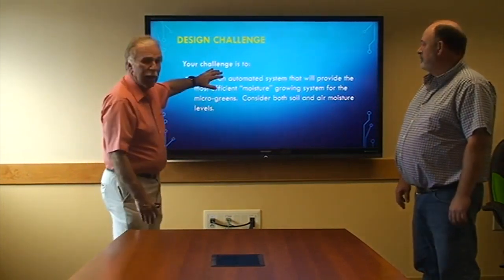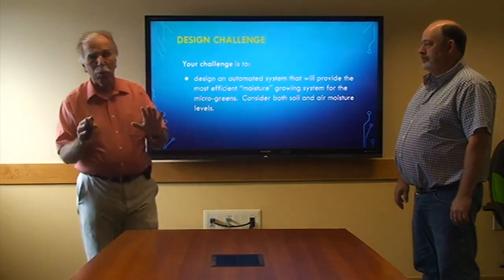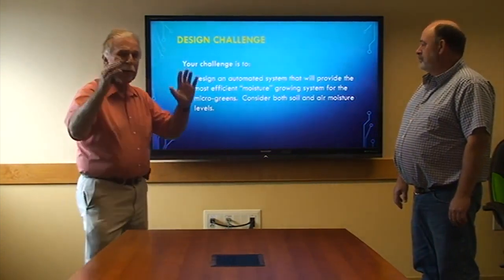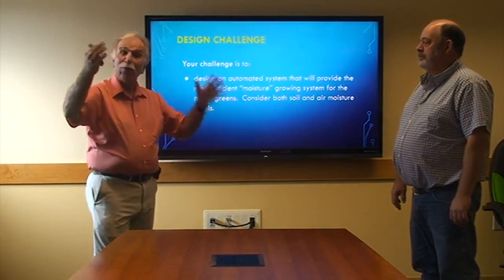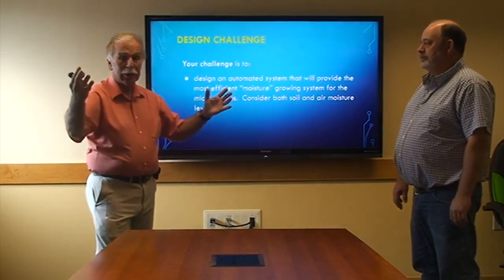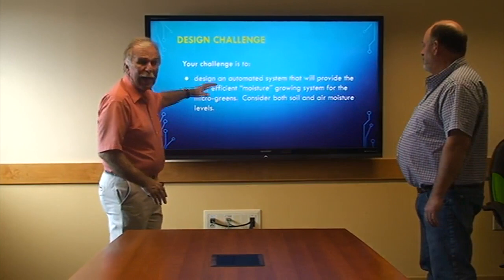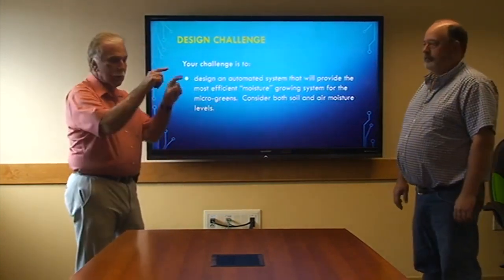Your challenge is to design a system that will keep the soil moisture and the humidity in some ideal range, and you have to identify what that range is, and then design a system that will keep the moisture in those ranges.